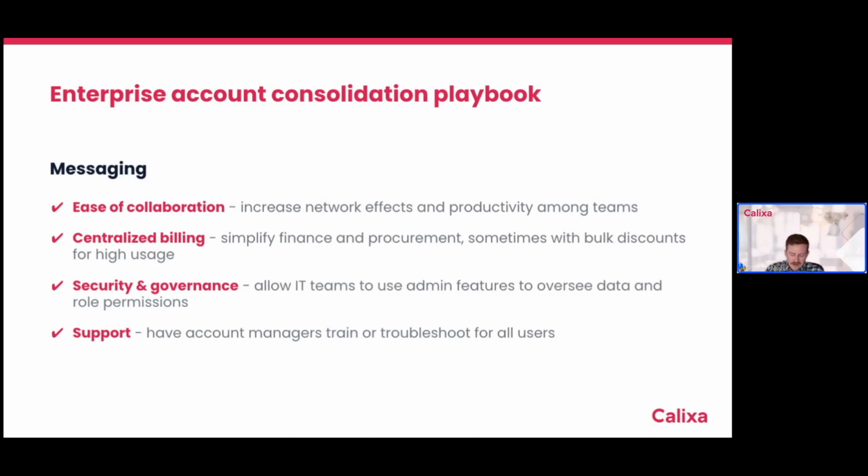Centralized billing. One thing we've all seen rolling into 2023 is more scrutiny on budgets, and oftentimes that manifests itself in more desire for control of every single expense and line item.